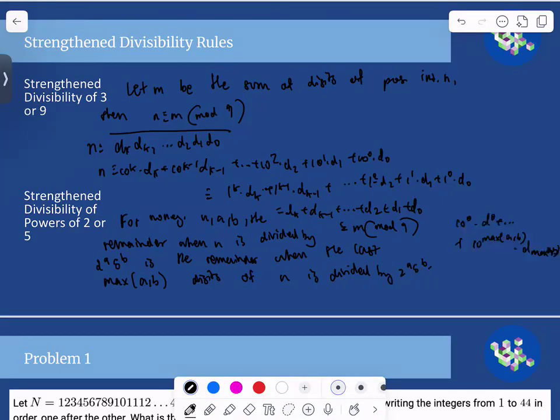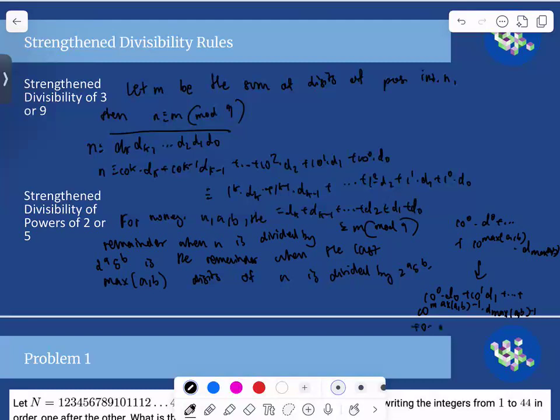What you should end up proving is that when you take it mod 2 to the A times 5 to the B, it becomes basically the first few terms, and then everything else after, every term from 10 to the max(A, B) minus 1 times d_{max(A, B)-1} onward will be 0.